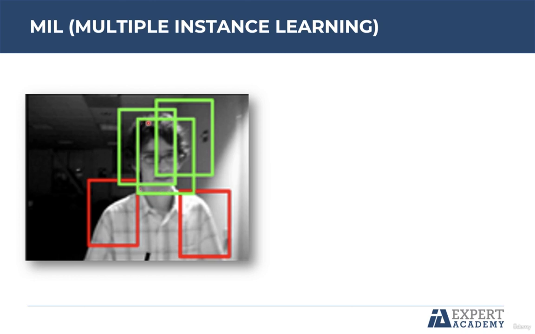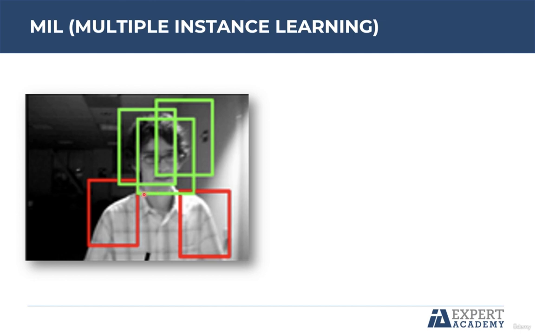Then the algorithm itself creates other bounding boxes to increase the image area. As you can see here, there are two additional bounding boxes. Instead of using just one positive example, there are several others that are created automatically.